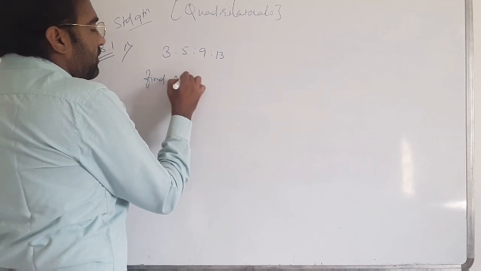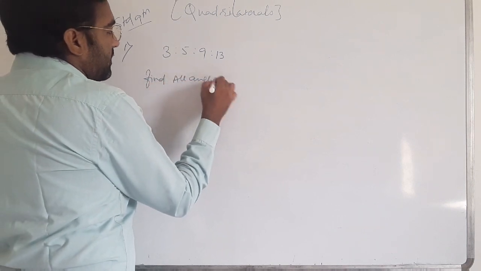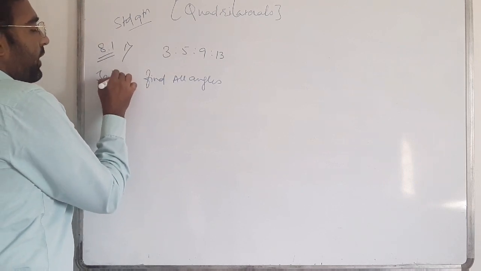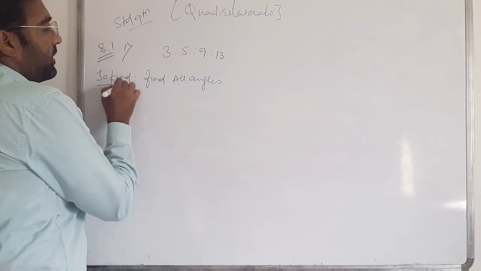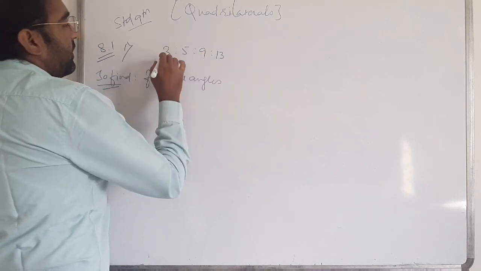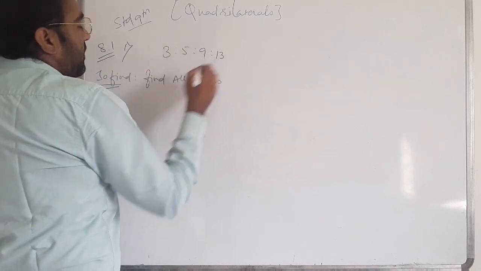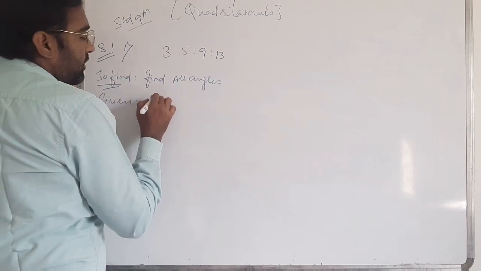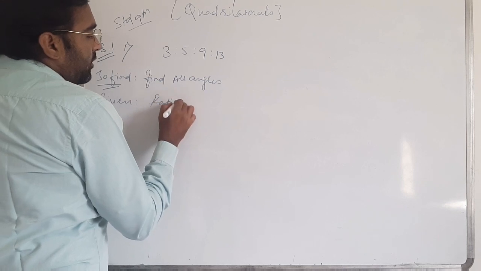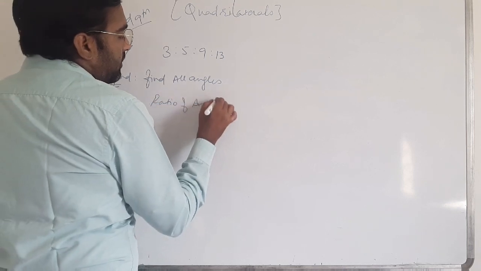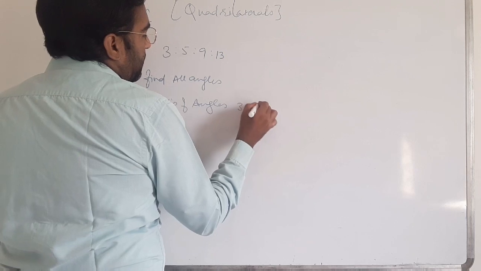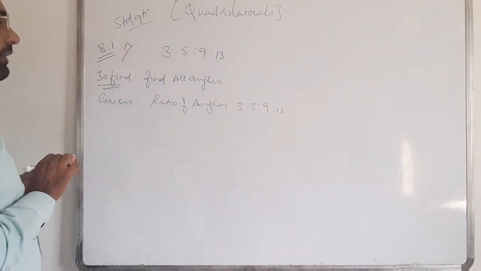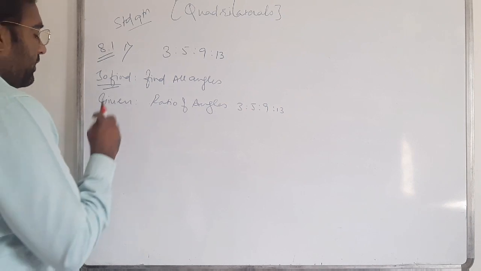The ratio of angles is 3:5:9:13. Clear that? We have to write the solution for that.